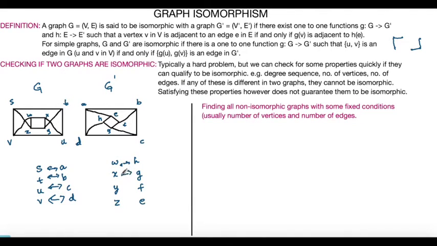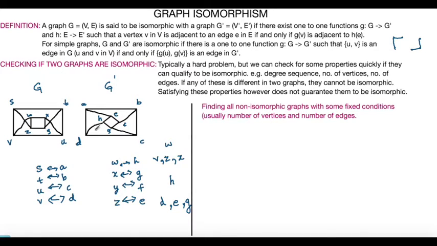But how does this mapping make them isomorphic? So let's see. Adjacent vertices of W are V, Z and X. What is the image of W? It is H. The image of V is D. The image of Z is E. And the image of X is G. So H is connected to where?